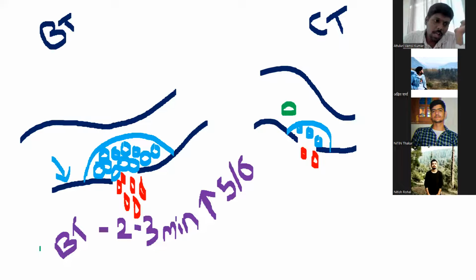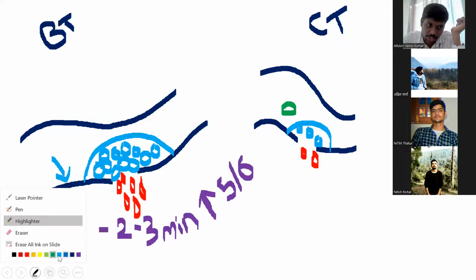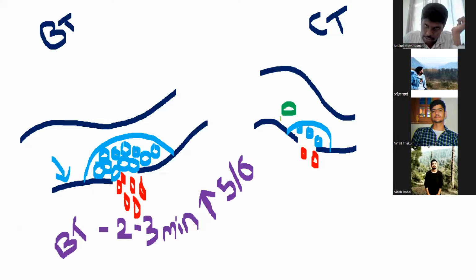Similarly, our platelets will start converting this fibrinogen into fibrin threads. Platelets will convert fibrinogen to fibrin. So fibrin threads will clot the blood. Upon formation of these fibrin threads, the blood will clot.